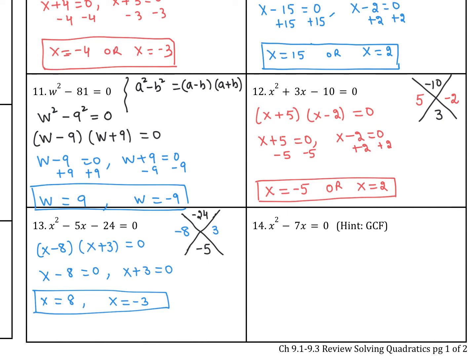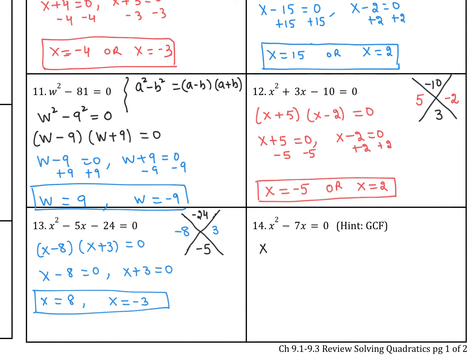For number 14, you can tell that this is a different type from whatever we have done so far. We had an x squared term, an x term, and then a constant. Here you have only the x term. There is no constant. If you want to solve this by factoring, you can factor it by taking the GCF out of these two terms. The GCF for these two terms is x.